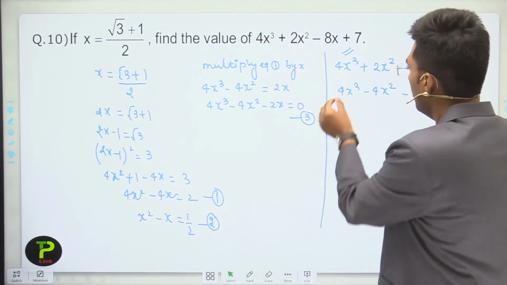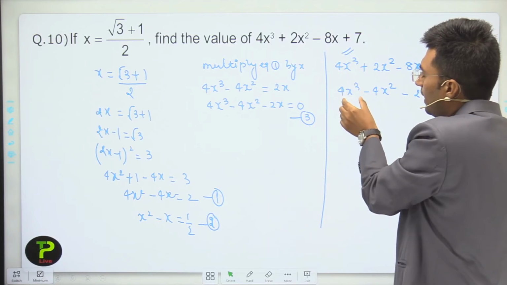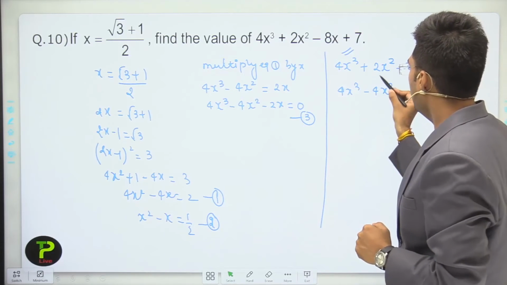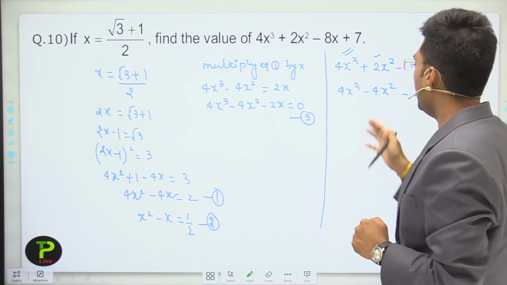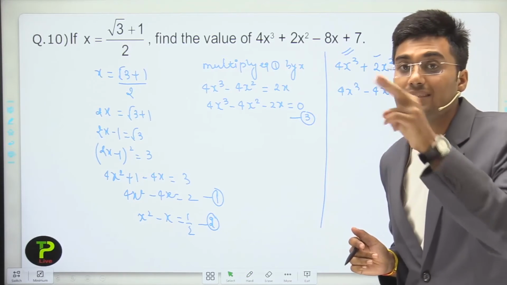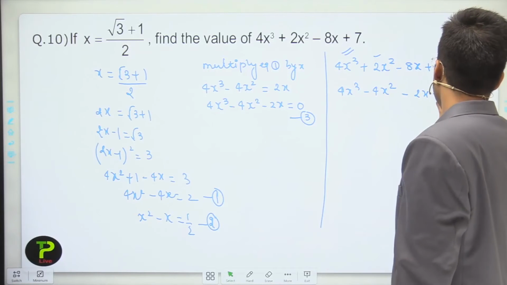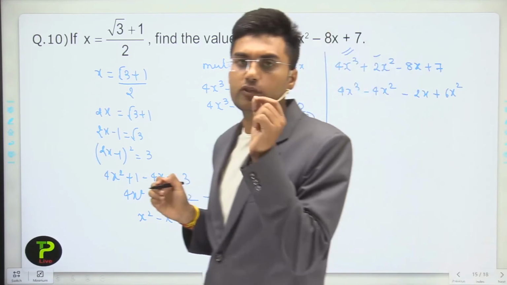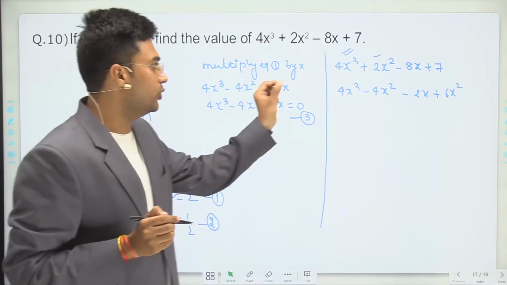So here we require 4x cube and we have 4x cube, so it is good. But here we require 2x square and here we have minus 4x square, so we have to add plus 6x square, because plus 6x square minus 4x square is equal to 2x square.